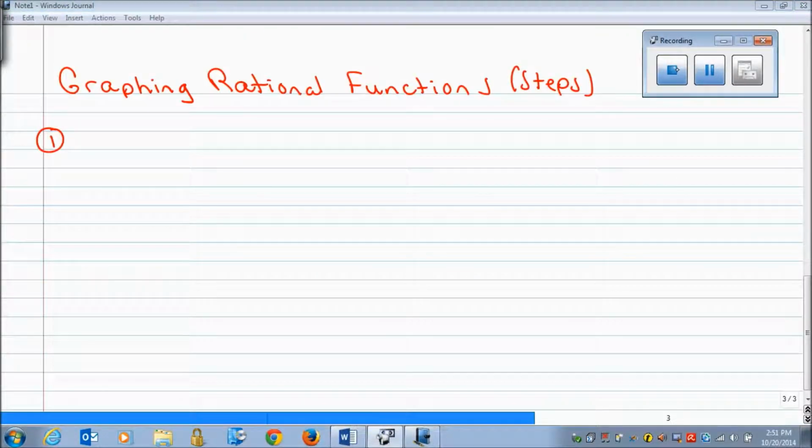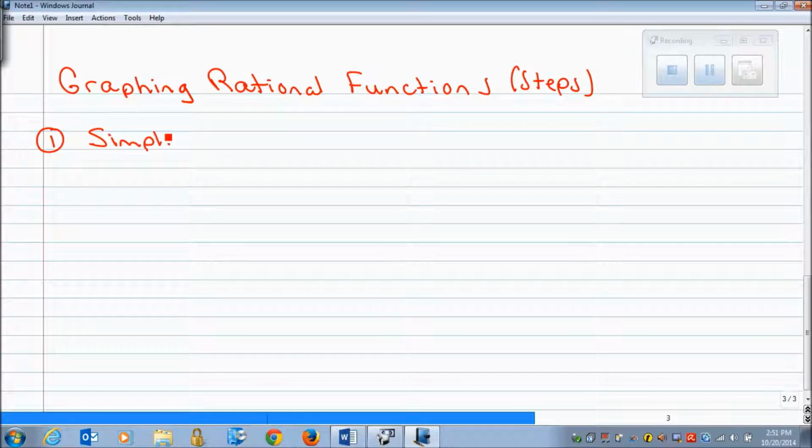Okay, now I just want to review the steps for graphing rational functions. The first thing we're going to do is simplify, if possible, and identify any holes. We do that when we have those cancellations, and we're going to do that on the next page with a little extension there.